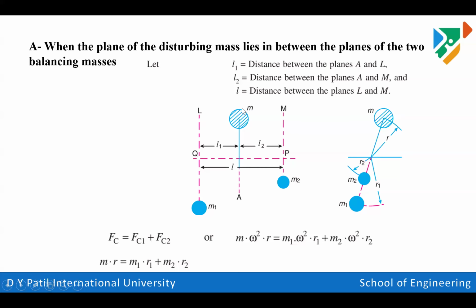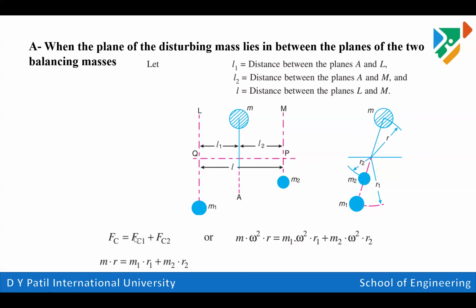Now we have length L between the two planes L and M. L1 will be the distance between plane A and point L, and L2 will be the distance between plane A and M. So we have this mass m, and we are taking balancing masses m1 and m2, having radii r1 and r2.